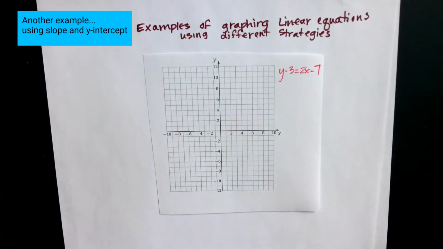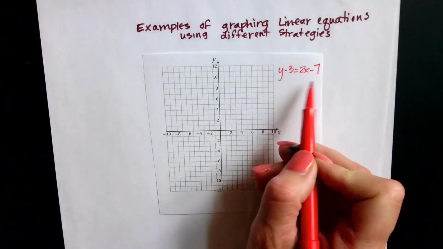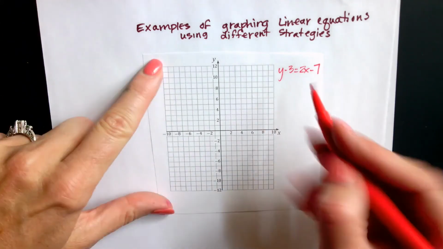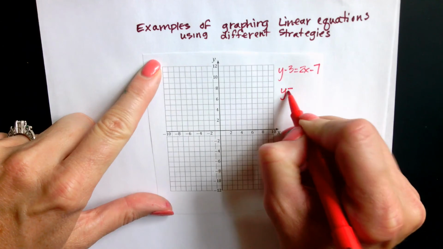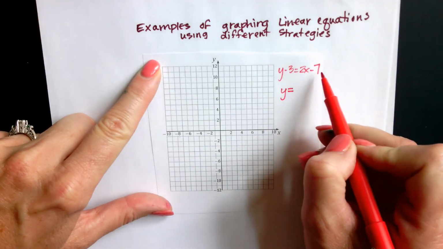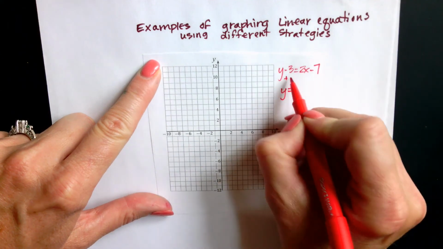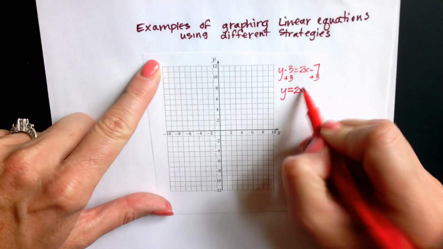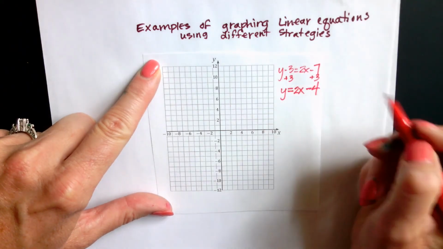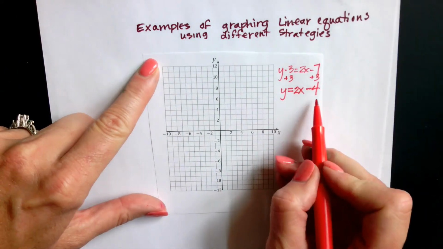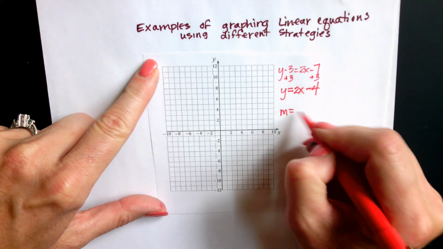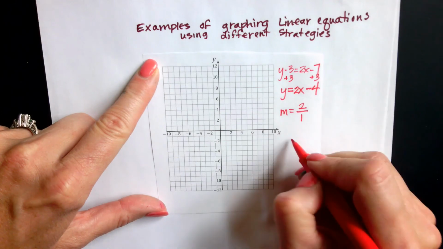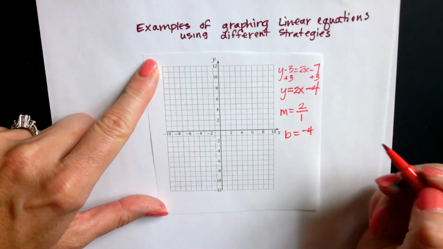Okay, now I'm going to graph this linear equation, but I notice it's not written in slope-intercept, nor is it written in standard form. So I want to have the y alone so that this can be written in slope-intercept form. So I'm going to add 3 to both sides of the equation. Y equals 2x minus 4. So now that I have this written in slope-intercept form, the slope is 2 over 1, rise over run, and the y-intercept is -4.